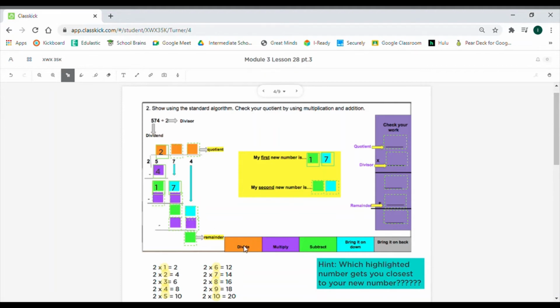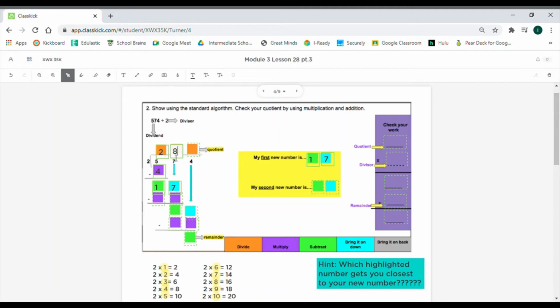I just divided. So what color box am I going to put my 8 in? Yeah, it's not my purple box. It's going to go in my orange box. 2 goes into 17 8 times. Now it's time to multiply. What number did we just put at the top?